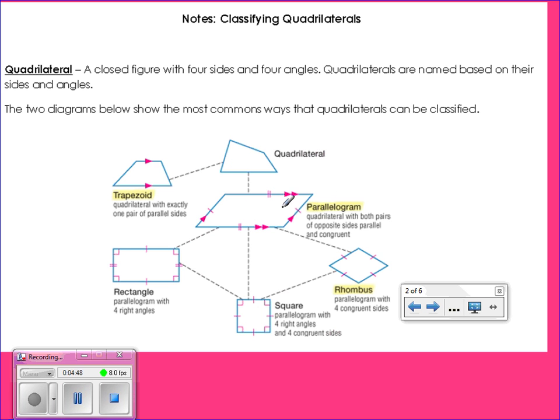And parallelograms and trapezoids are kinds of quadrilaterals. So it's kind of a little tree diagram. Okay? A square is a parallelogram, a rhombus is a parallelogram, a rectangle is a parallelogram. Questions? A trapezoid is not a parallelogram. It is a quadrilateral. All right.